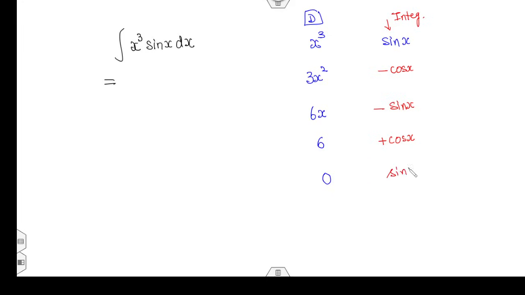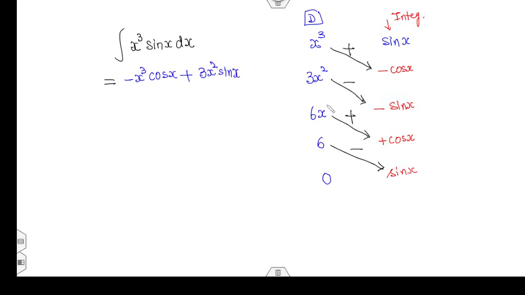Fine. Then multiply them with the signs positive, negative, positive, negative. So the answer of this problem is, first one is minus x cube cos x, minus minus plus 3x square sin x, then plus 6x cos x, and minus 6 sin x is the integration of x cube sin x.